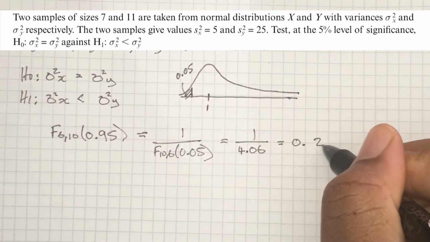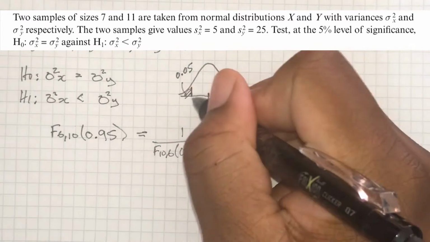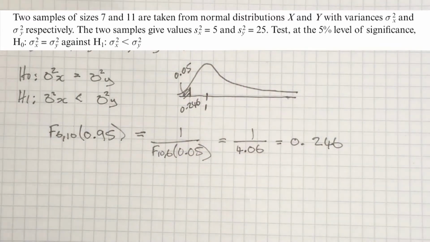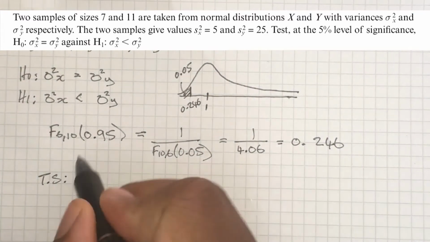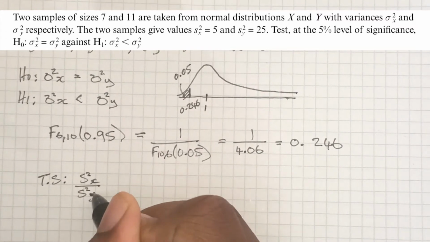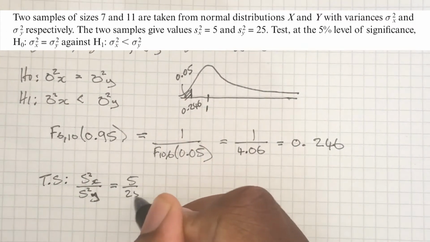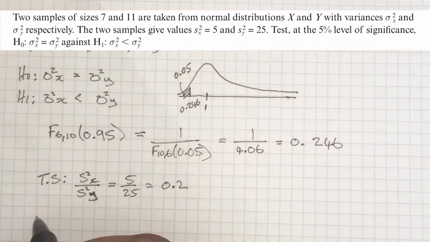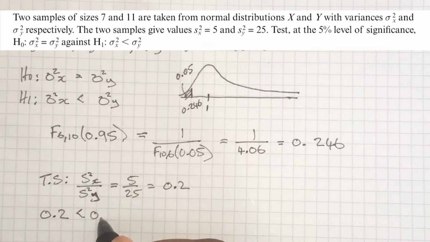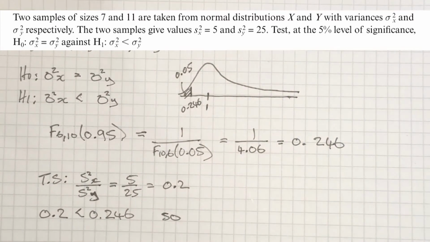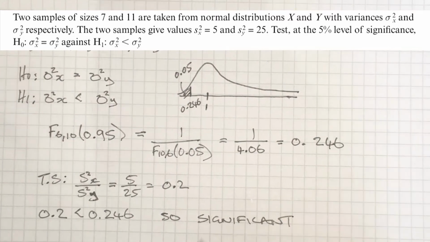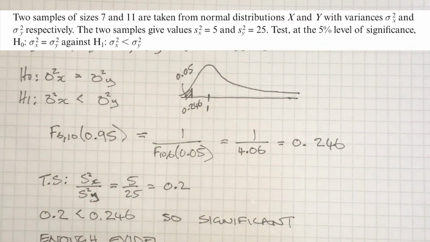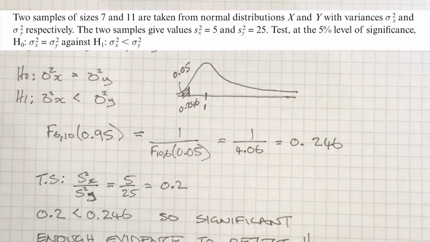Okay, just as I was expecting. For the test statistic, I'm going to do s squared for x over s squared for y. 5 over 25, we can do that in our heads. That gives us 0.2. This is a significant result, which means that we have sufficient evidence to reject H0.